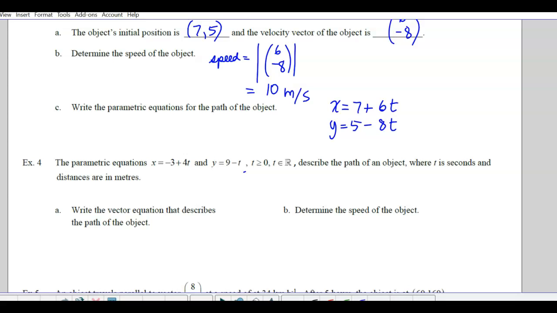Now we're given the parametric equations, put that back into a vector equation, for example 4.